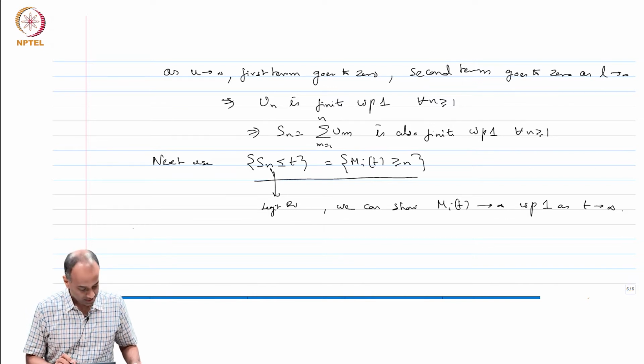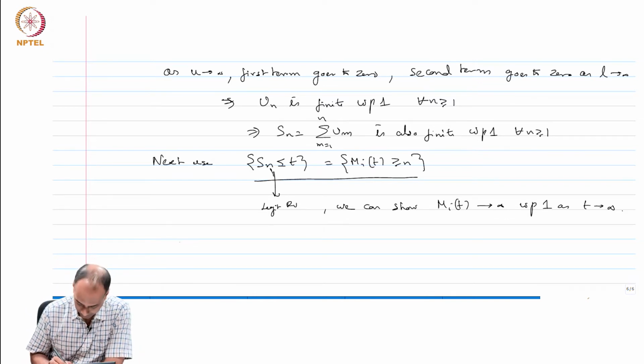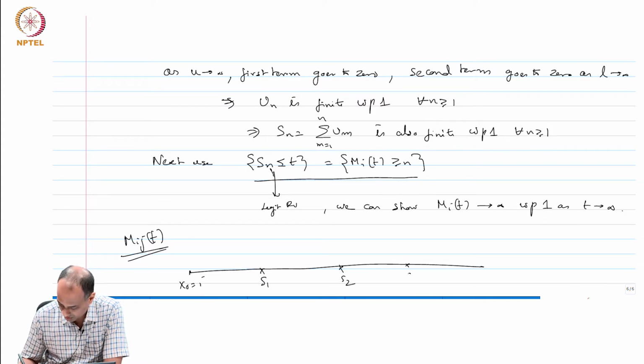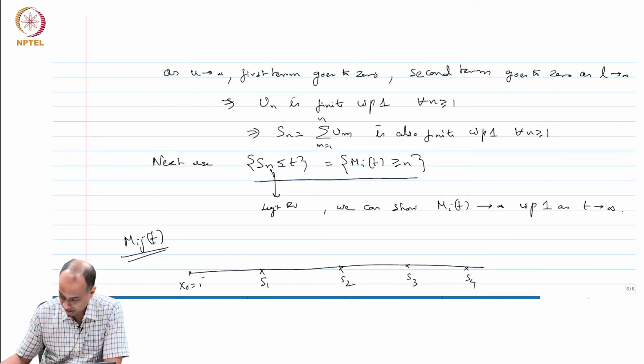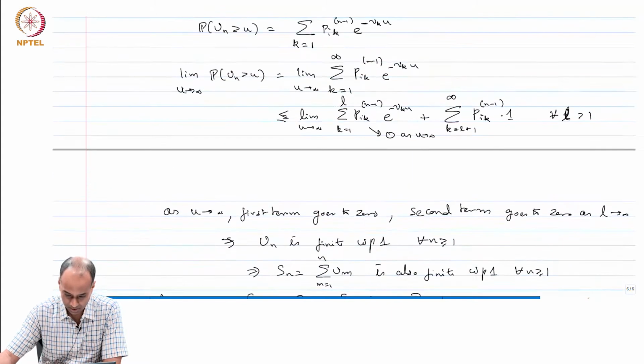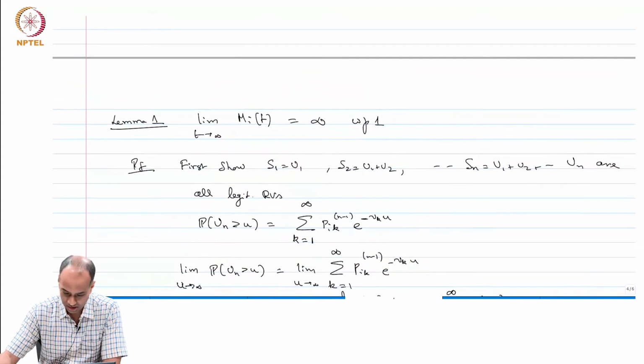The next thing you can show is about M_ij(t), right, which is the number of transitions into j. Start at x not equal to i, and then you transition into various states. So, let us say you get into state j. I am just redrawing the picture I had before.